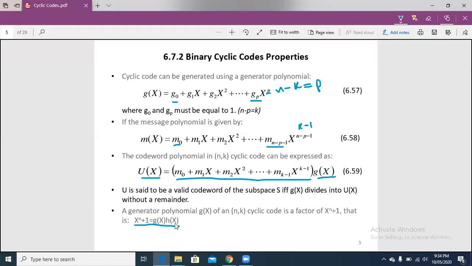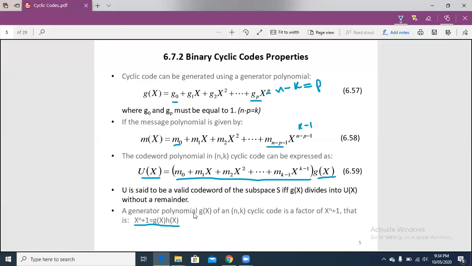The parity check polynomial when multiplied by the generator polynomial will give you the polynomial xn plus 1, which divides the shifted version of the code word. So if this situation is satisfied, then it means that we generated a right code word, or we are able to generate a code word with the right order.